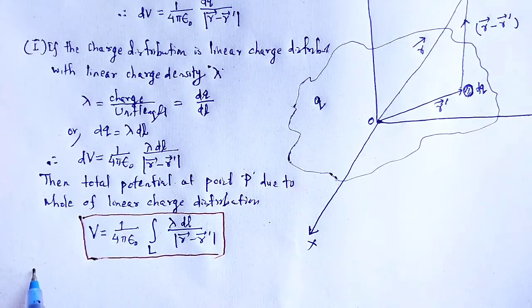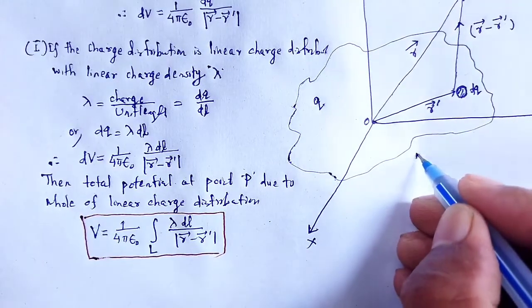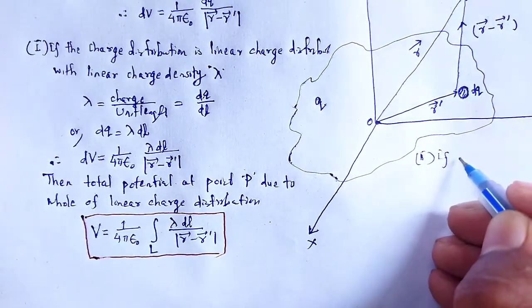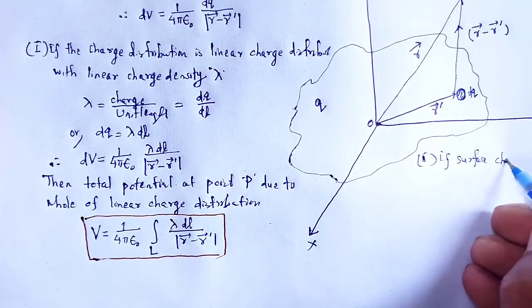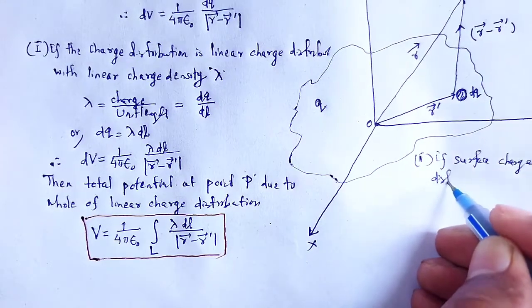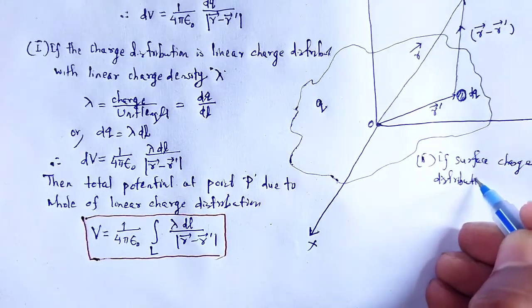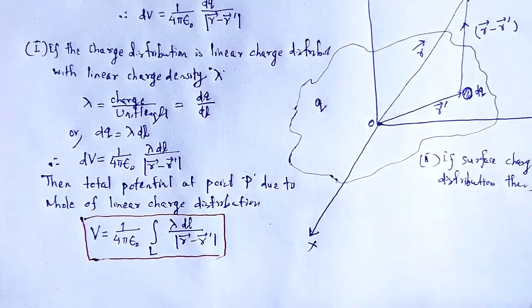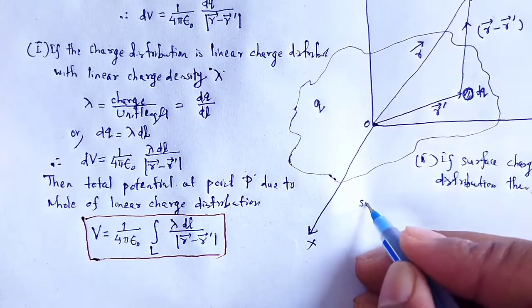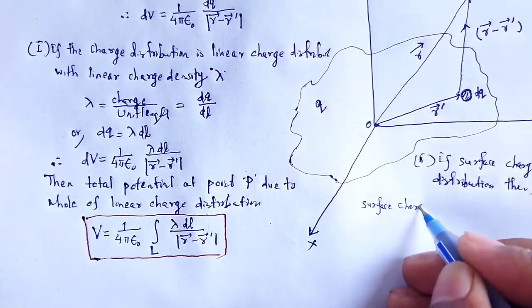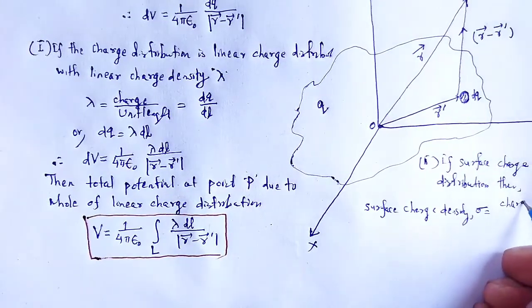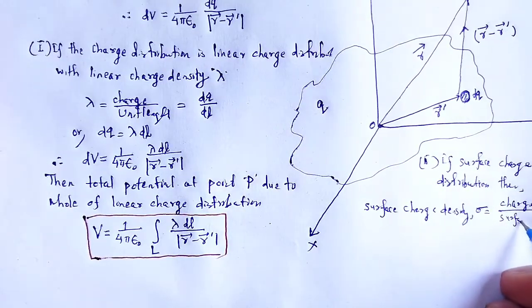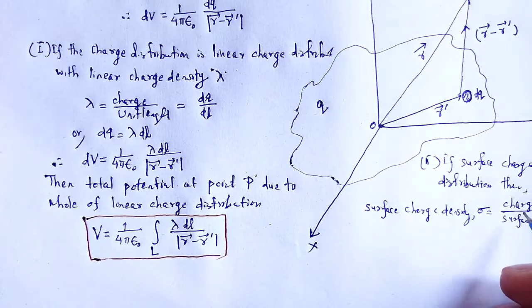Second, we take the surface charge distribution, with the surface charge density sigma, that is charge per unit surface area.